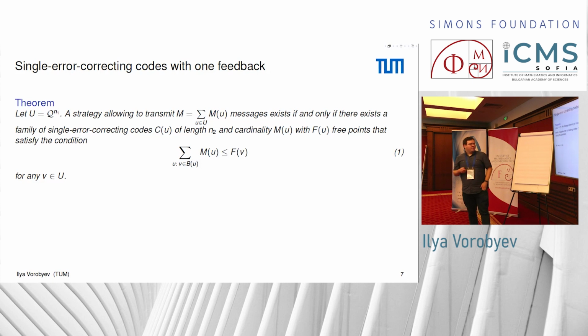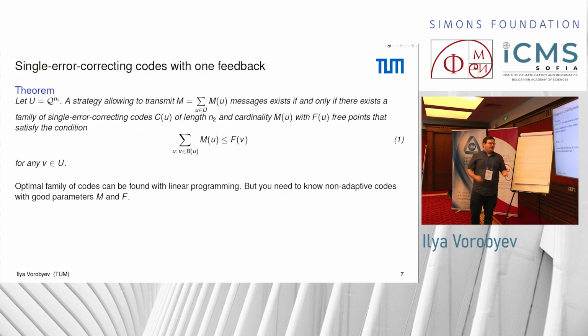Okay, and if you look at this theorem, what is the problem with it? It is formulated in terms of some family of codes, but even if we fix n1 and n2, how do we find this optimal family of codes? It's not completely clear.